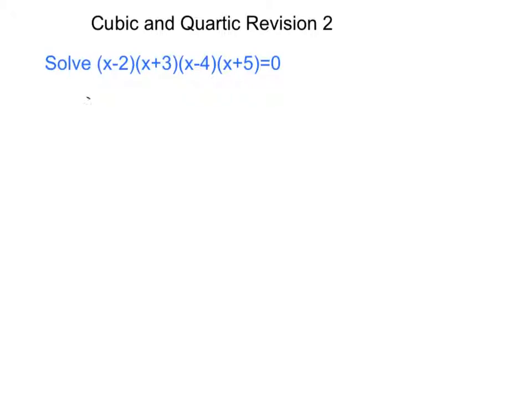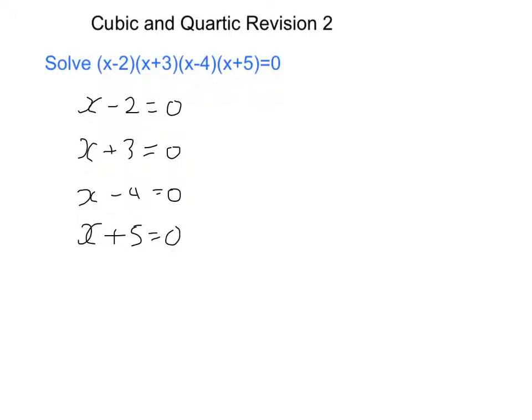So what we do is we just treat each of these terms as if they're equal to 0. So we can go x minus 2 equals 0, x plus 3 equals 0, x take 4 equals 0, x plus 5 similarly could equal 0. And then we solve each one of those for x. So if x minus 2 equals 0, add 2 to both sides, then we have x will equal 2.